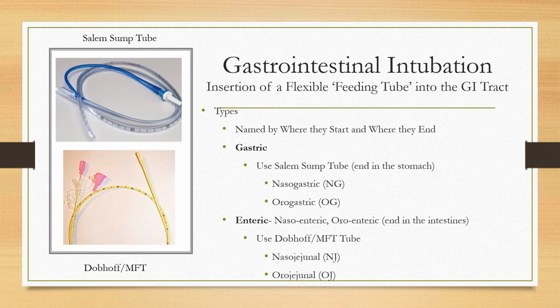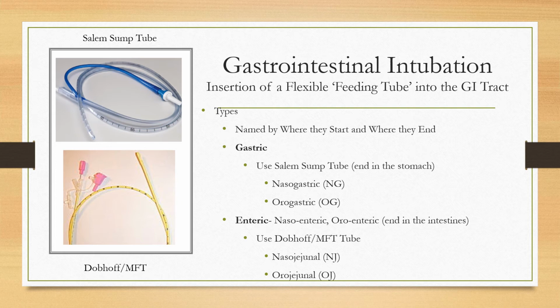So we looked at gastric tubes, nasogastric and orogastric. Enteric tubes are the same thing. Whether it's nasoenteric or oroenteric, it's just telling you where it began, so in the nose, naso, and where it ended. And some of these end in the small intestine, typically the jejunum.